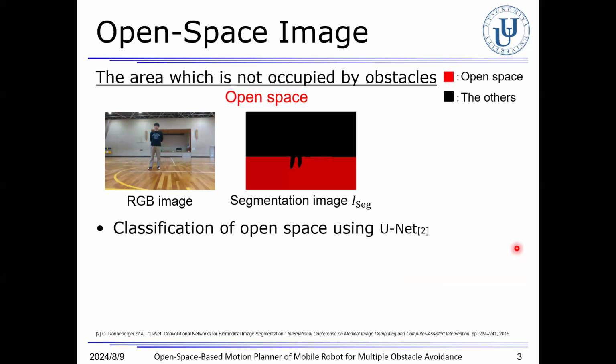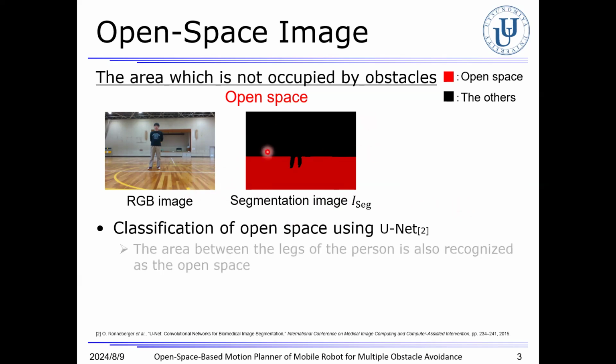For image segmentation from RGB image, first off, we use UNet, which is one of the semantic segmentation methods. All the pixels of the RGB image are classified into a road floor surface where the robot can move and others. Open space is colored by red and the other is colored by black.